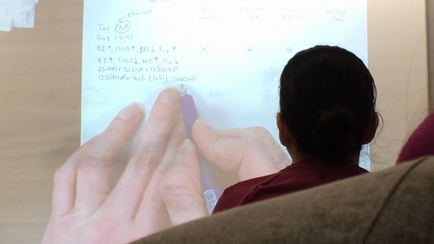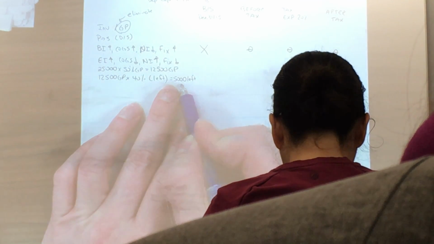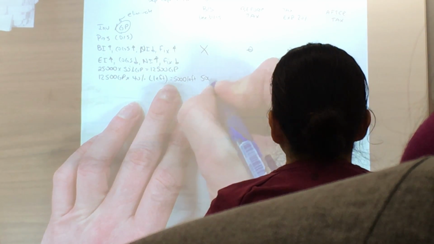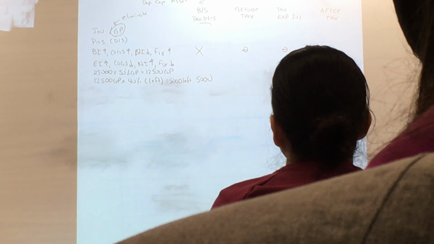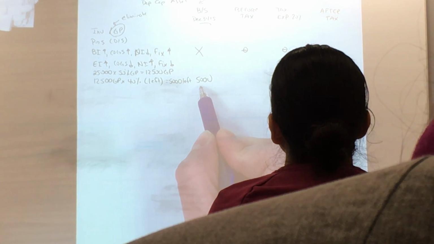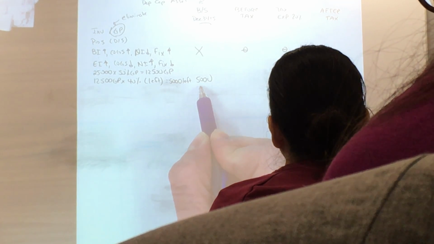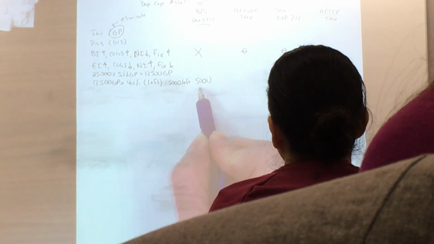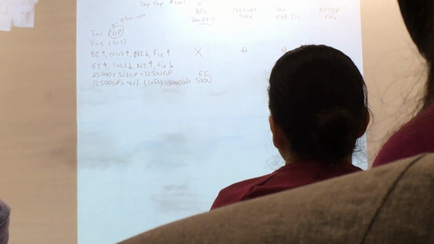This is on what date? December 31. So guess what? 5,000 will go on the December 31 balance sheet. Ending is on the December 31. This 5,000 represents what account on the balance sheet? This is your ending inventory. Inventory is on your balance sheet.